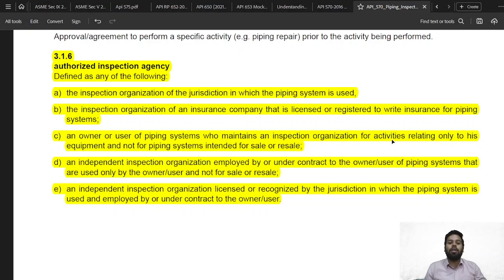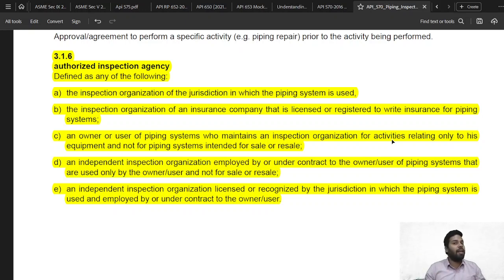Third, an owner or user of a piping system who maintains an inspection organization for activities relating to his equipment and not for piping systems intended for sale or resale. So an owner has his own organization that runs the inspection activities. That would also be considered an authorized inspection agency. And fourth, an independent organization.